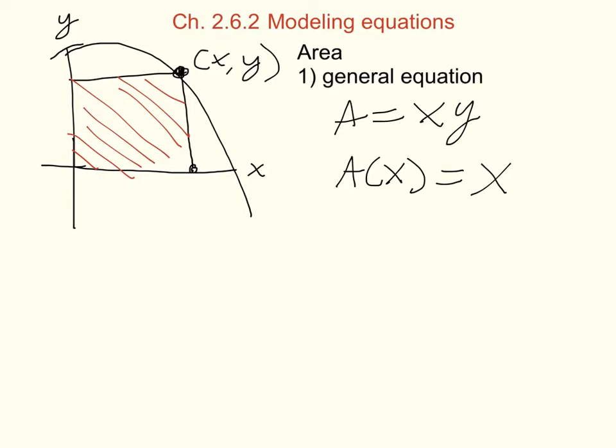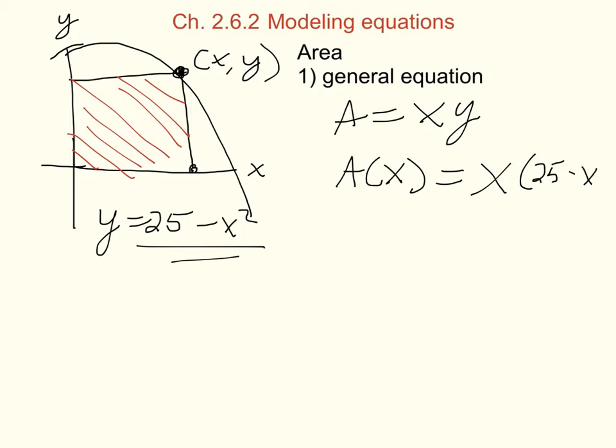So let's say this problem gave us that the equation of this parabola was y equals 25 minus x squared. So that's your equation. Now we know that y and 25 minus x squared are interchangeable. So we can have x times, and then instead of y, we write 25 minus x squared.